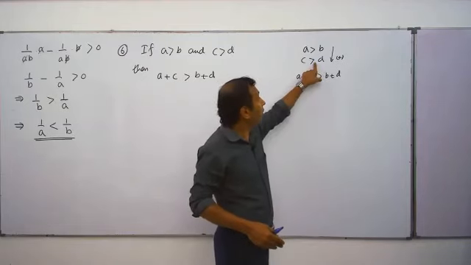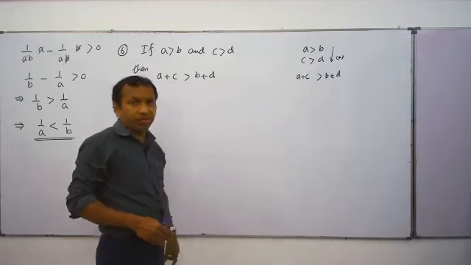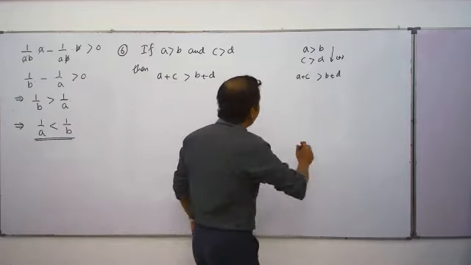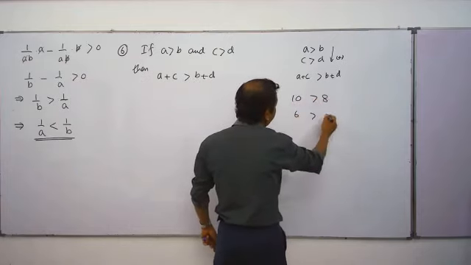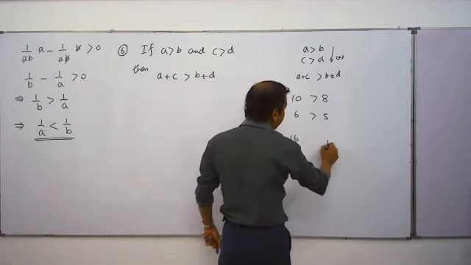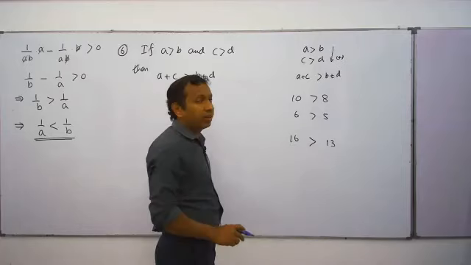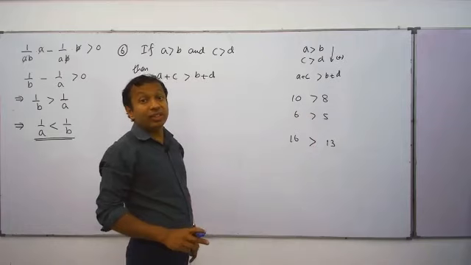The same direction of the inequality sign is still valid. That's what this says. Now, for example, people, we know 10 greater than 8, no? 6 greater than 5. On the left hand side 16, on the right hand side 13. Still the left hand side is greater than the right hand side, this direction remains valid. That's what this says.